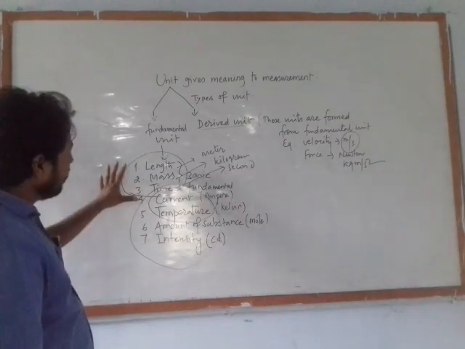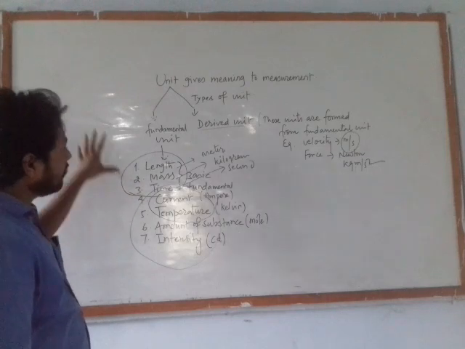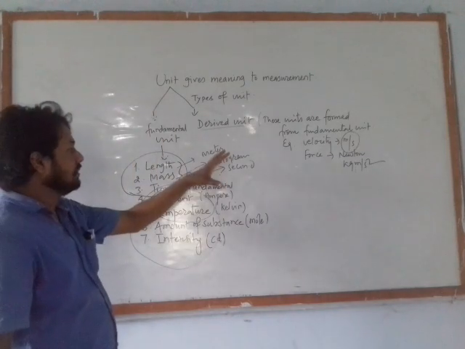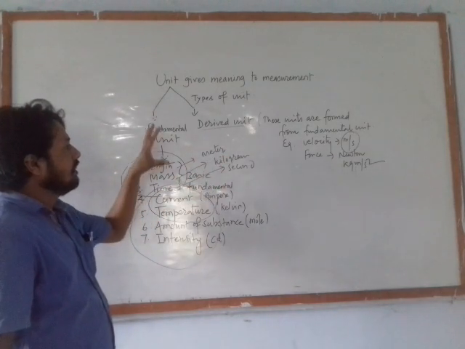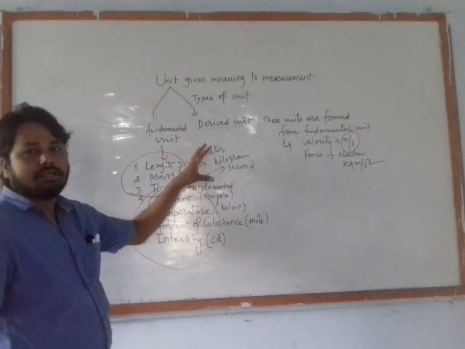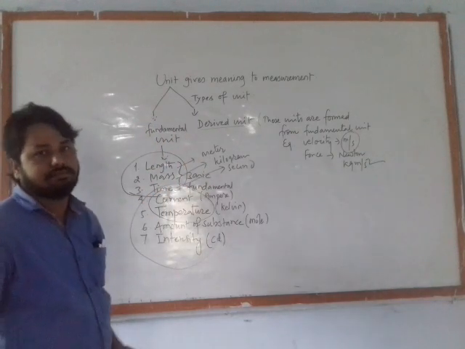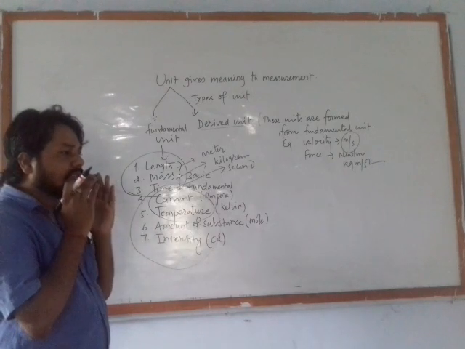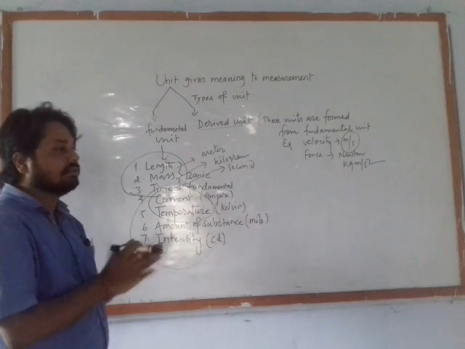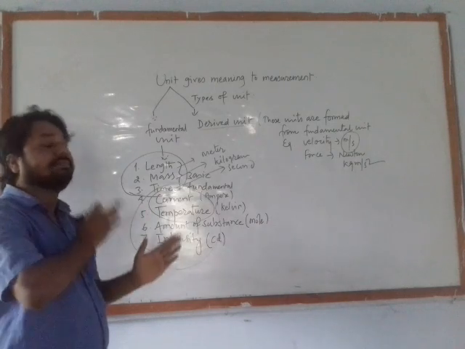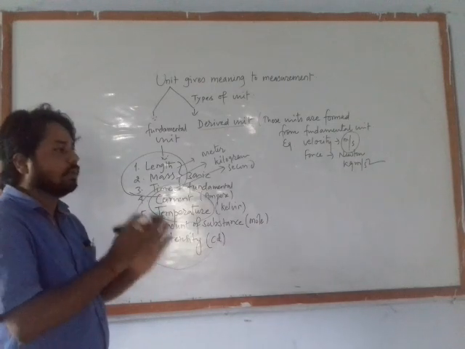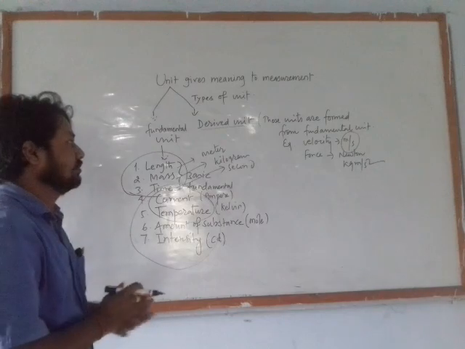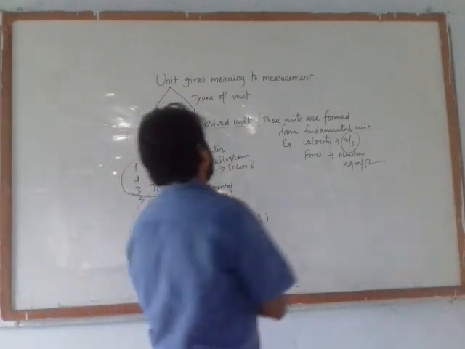And now I am going to use all these particular units, particular measurements, in terms of dimension. How to represent dimension? What is dimension? And how can it be written for the physical quantities that I am going to discuss. So our main focus today is dimension.